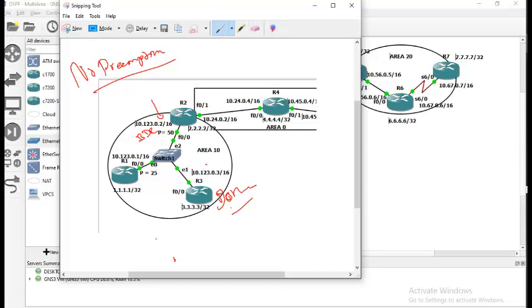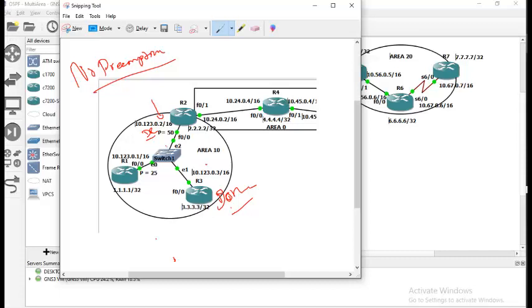Afterwards, when there is no other router with high priority, R2 will promote itself. See, DR is only through promotion, not through election. BDR is through election.